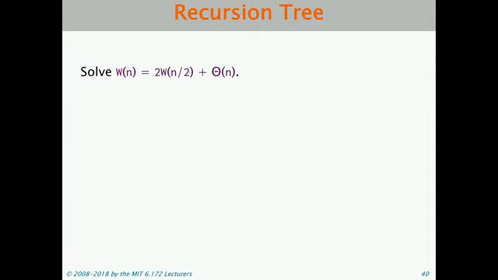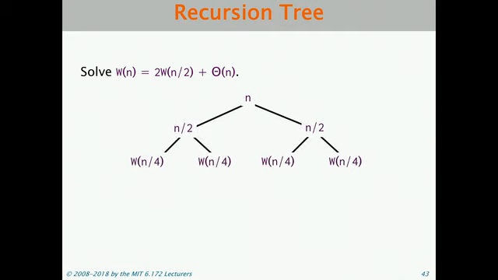Okay, so now I'm going to solve this recurrence again using the recursion tree method. I'm still going to get theta of n log n, but I'm doing this because it's going to be useful when we analyze the cache complexity. At the top level, I have a problem of size n, and I'm going to branch into 2 problems of size n over 2. When I'm done with them, I have to do a merge, which takes theta of n work. I'm just putting n here, ignoring the constants. I'm going to branch again, and each one of these is going to do n over 2 work to merge.